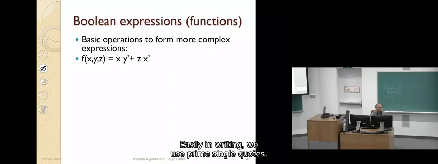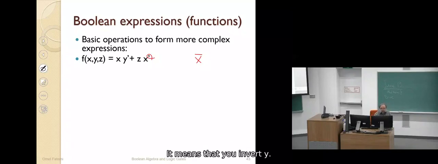Usually in writing we use prime, a single quote, because it's not easy to write a bar in PowerPoint. By prime, by single quote, I mean bar, NOT. So this is a function, x y prime plus z x prime.